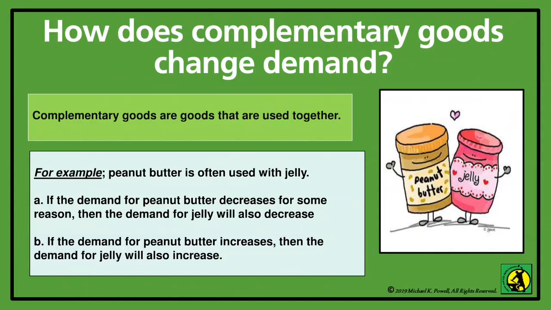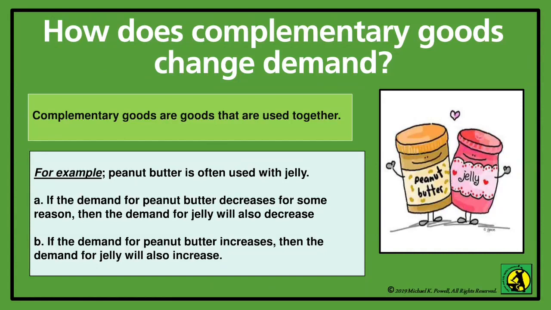And how do complementary goods change demand? Like we said, these are things that go together. For example, if you like peanut butter, it is quite often put with jelly perhaps in the western side of the world. If the demand for peanut butter decreases, then the demand for jelly would also decrease.